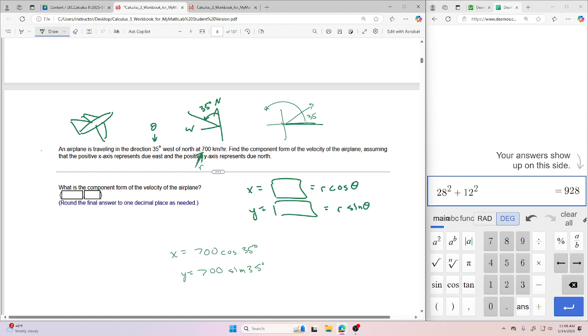So what would it be then, if this was 35, how would I find the full distance here? Yes, there we go. Add 90 to it. Yep. So I'm going to say not 35, but 35 plus 90, so that I get the true unit circle direction kind of thing.